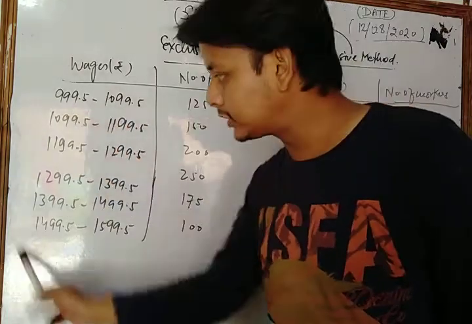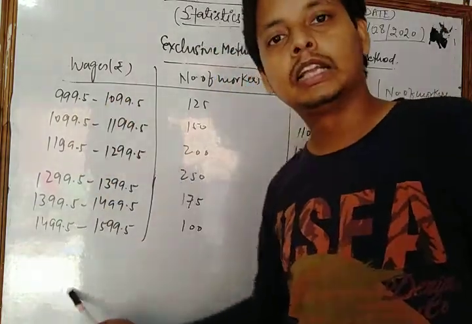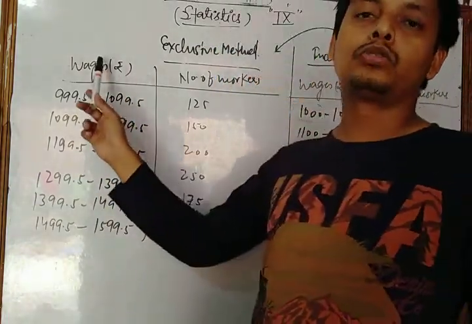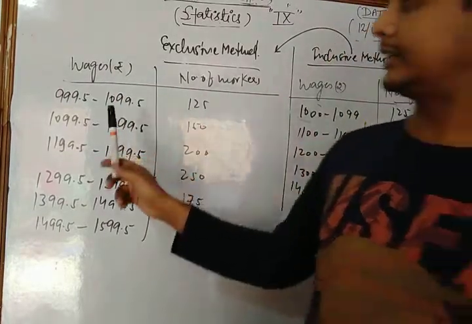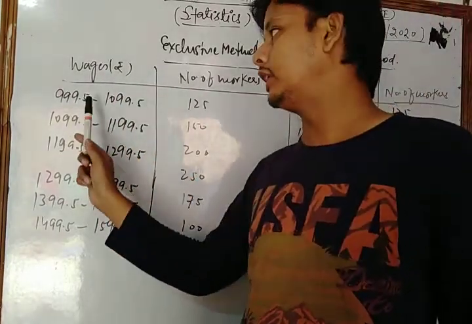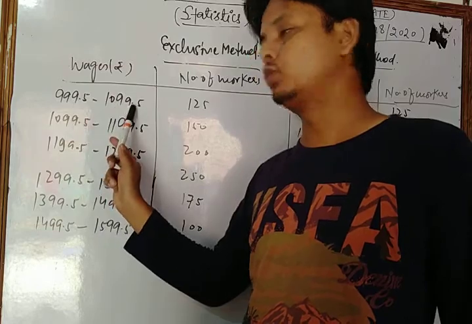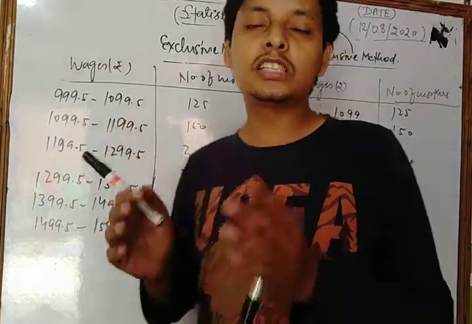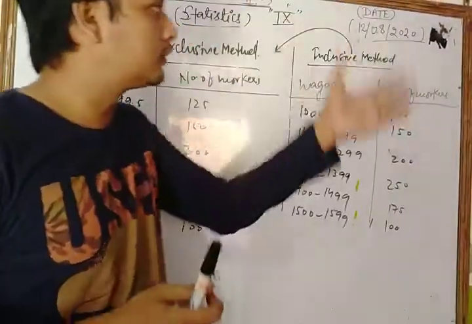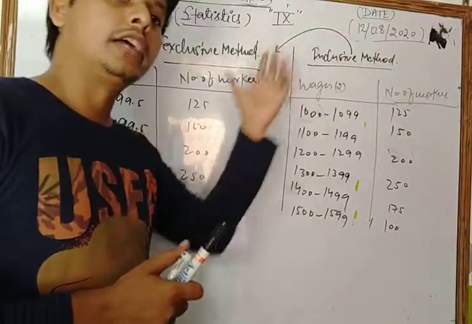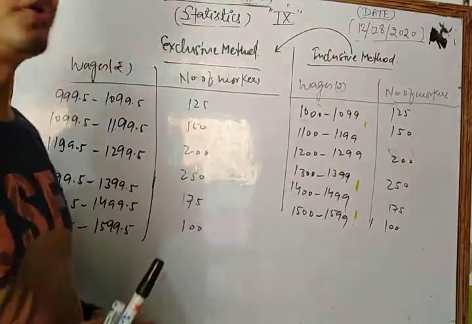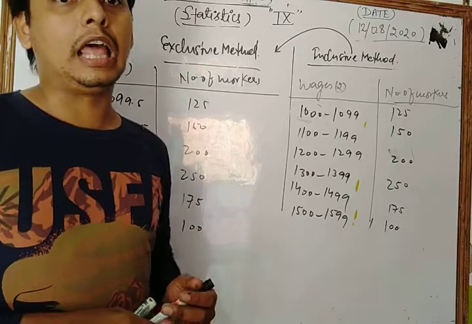So that type of distribution is known as what? The exclusive method, na? In that type of method we include the lower limit but exclude the upper limit. So this is the process to convert any inclusive series to exclusive. This is one of the most important topics of your exercise.